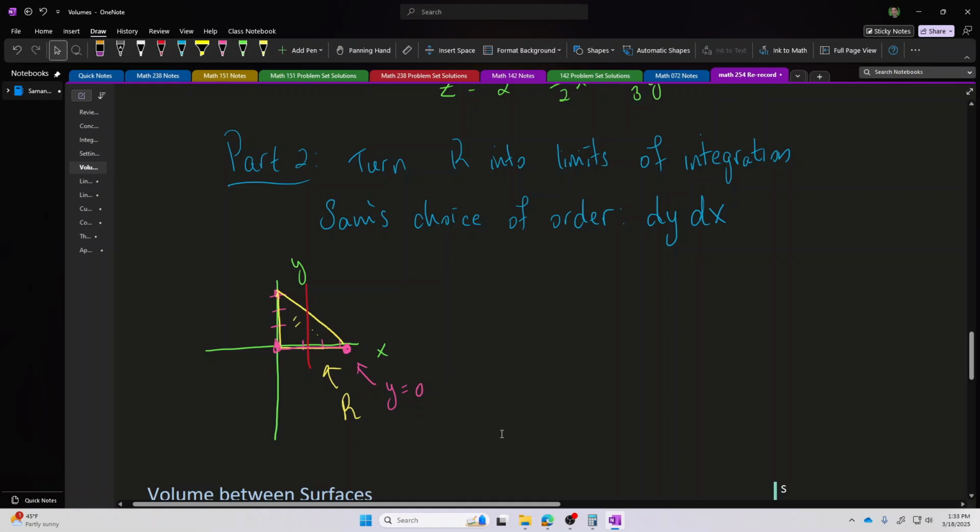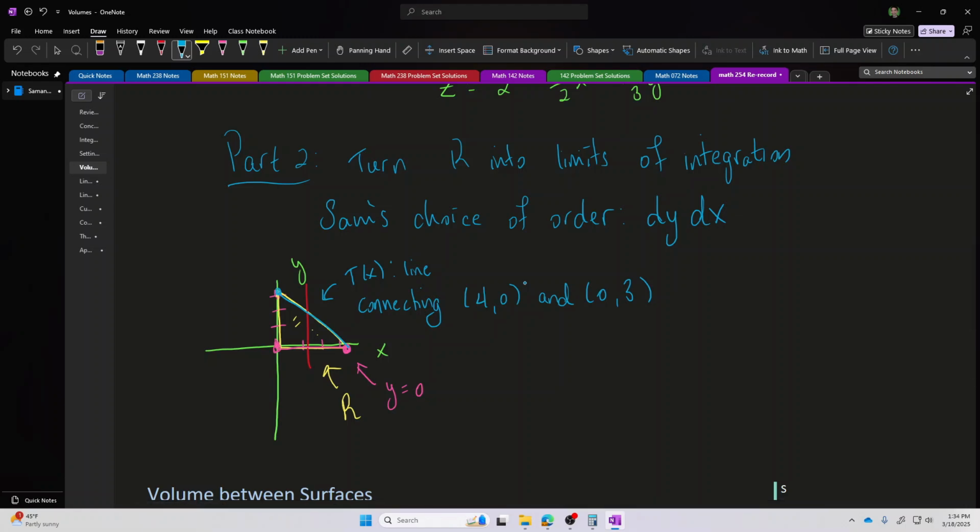And then the function forming the top border of the region is this slanted line. This line here that connects this location 4 units along the x-axis and this other location, which is 3 units along the y-axis.